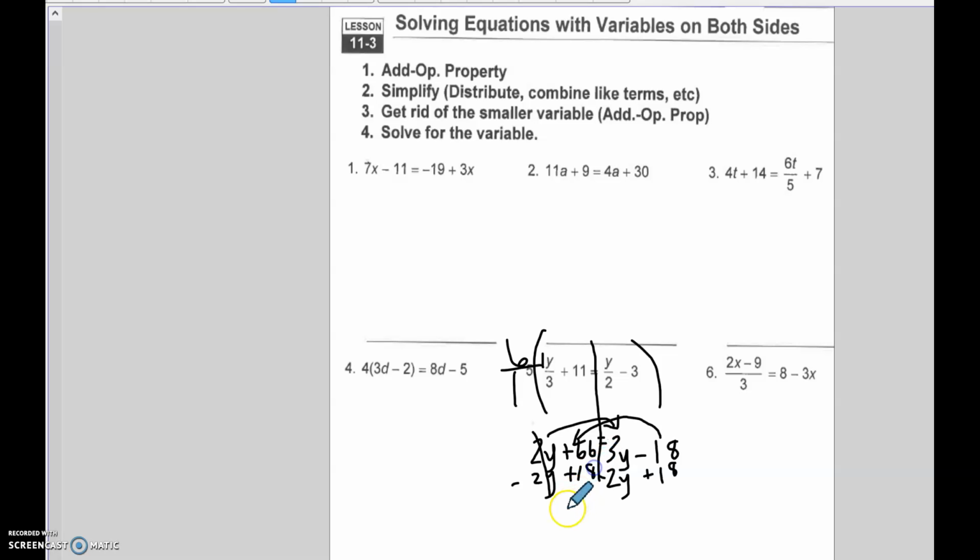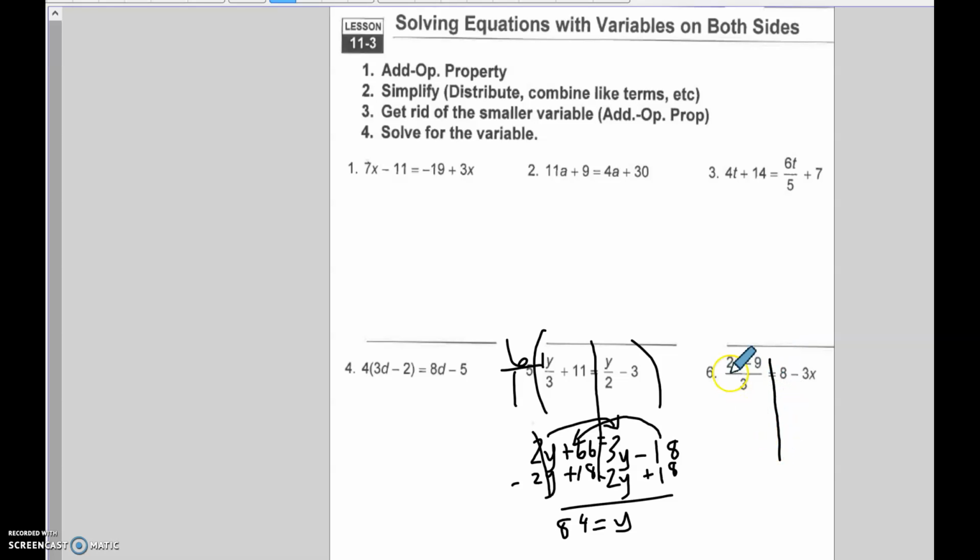And what I'll be left with is 1y, or y, equals, and then I'll add these together, 84. Okay, then I plug it back in here and make sure that 84 divided by 3 plus 11 is the same as 84 divided by 2 minus 3. Check my work, make sure I'm good. Okay, last one.